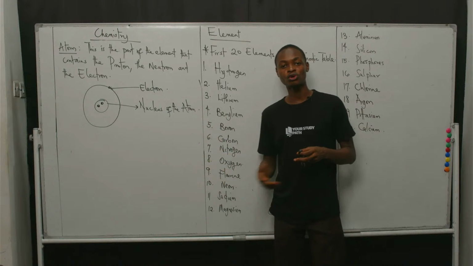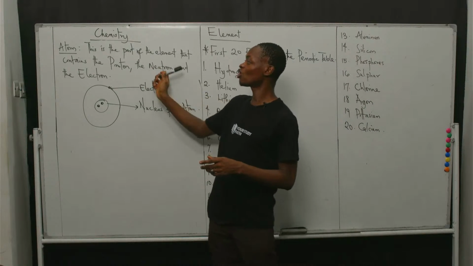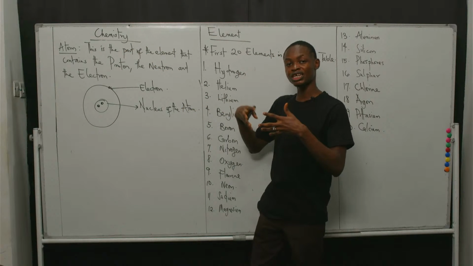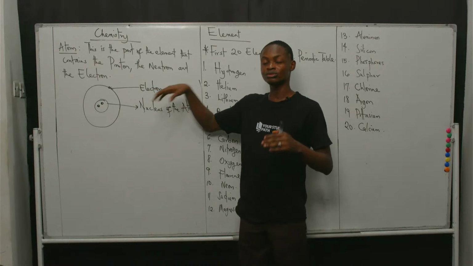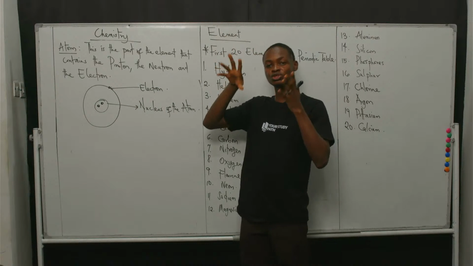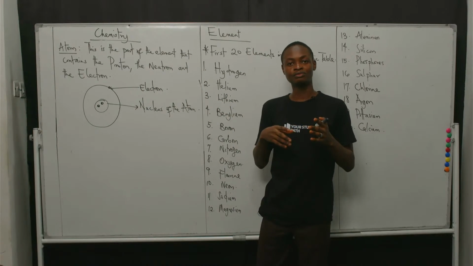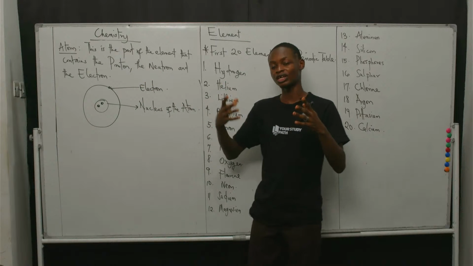It is simply the proton and the neutron. So the proton and neutron, which are two of the three parts of the atom, are clustered inside the nucleus of the atom, whereas the electron, which revolves around the nucleus, is found on the outer part or on the circumference of the atom.